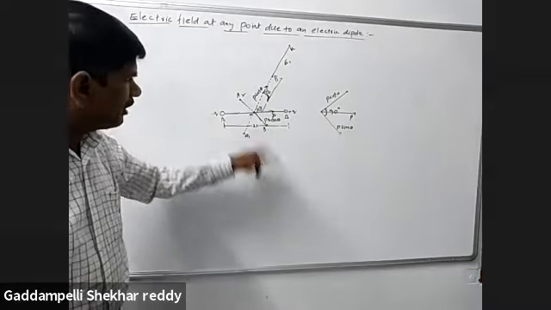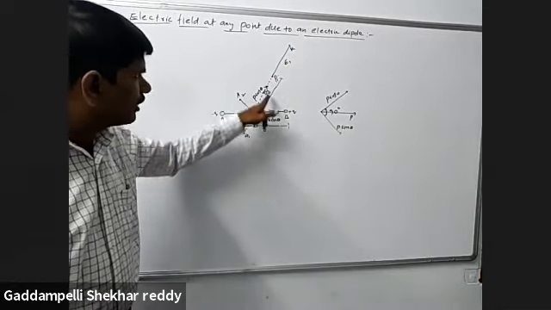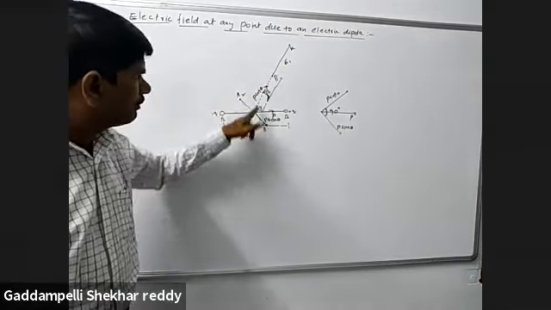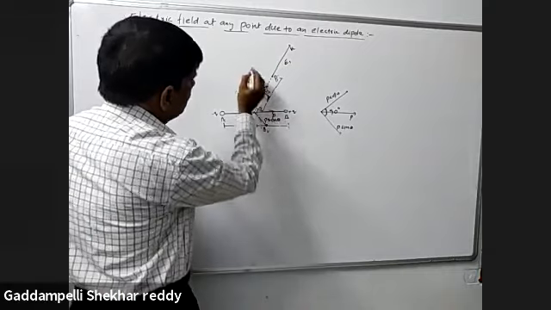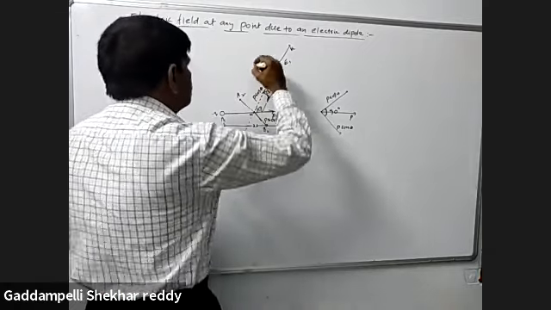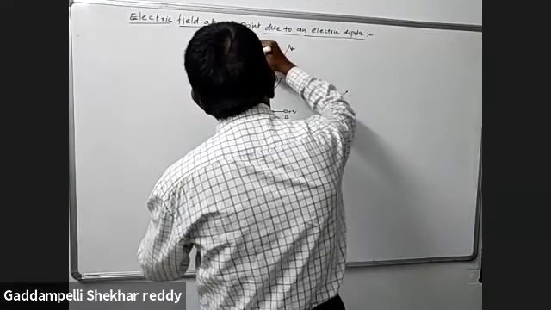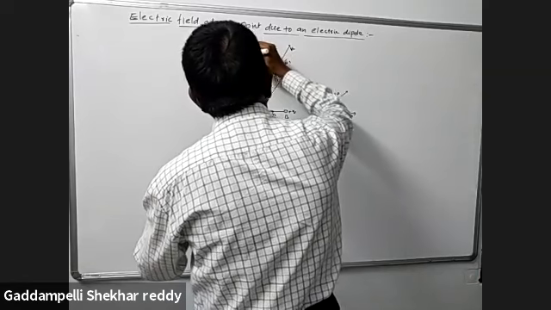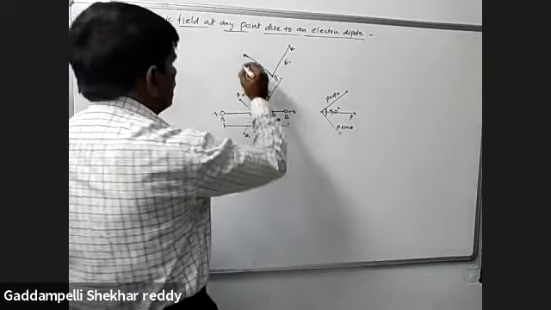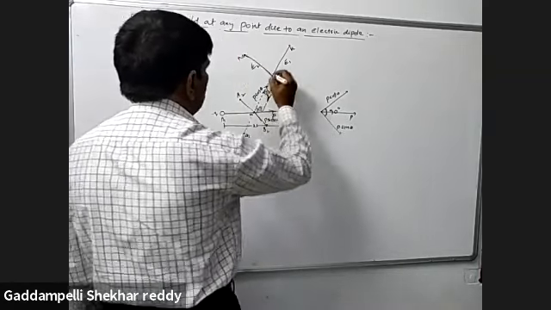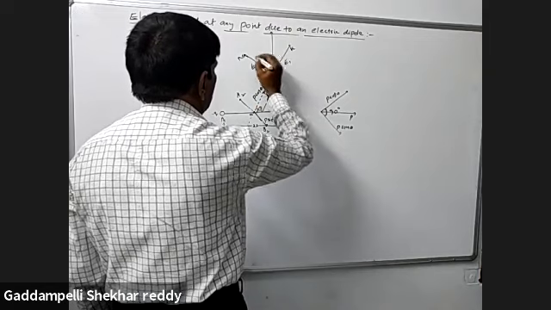Point P lies on the equatorial line of the second dipole A2 B2, so E2 is along the direction perpendicular to it.